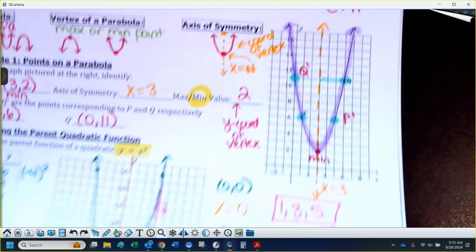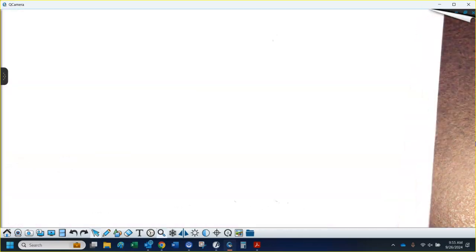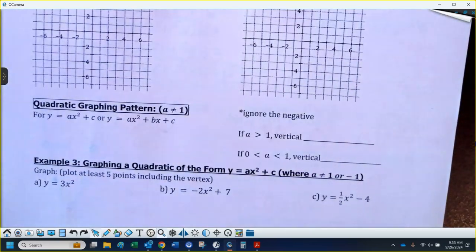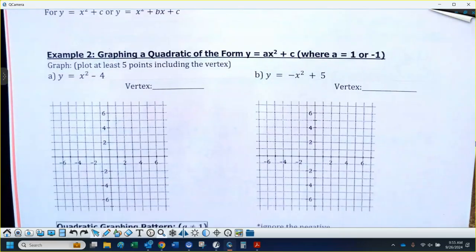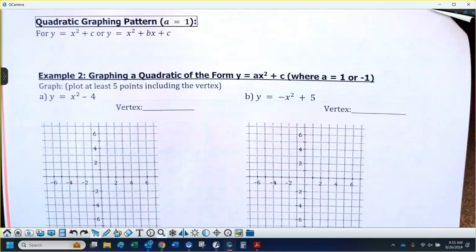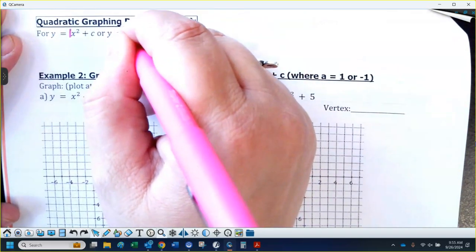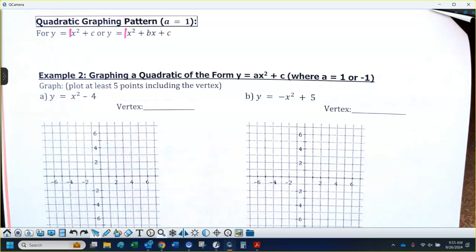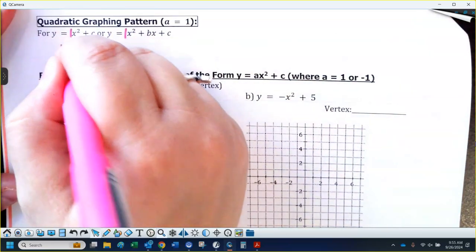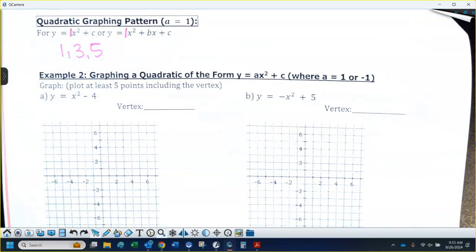Okay, so we're going to use that pattern. Instead of making that table, there's that relationship between the perfect squares. It's just odd numbers, like 1, 3, 5, 7, 9, 11. It would keep going if you wanted to keep listing the perfect squares. So that happens if your A value is 1. So that pattern, like I said, just 1, 3, 5.